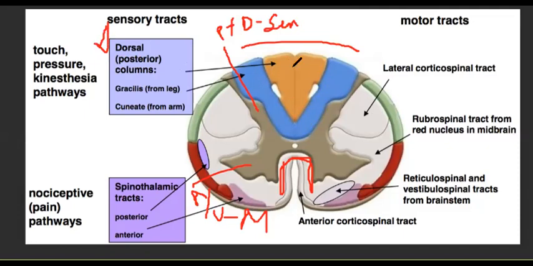So these are two nuclei. One is called nucleus gracilis, or fasciculus gracilis, and the other one is nucleus cuneatus, or fasciculus cuneatus. Nucleus gracilis gets the nerves from the lumbar and sacral plexus, and nucleus cuneatus gets the nerves from the thoracic and cervical plexuses.